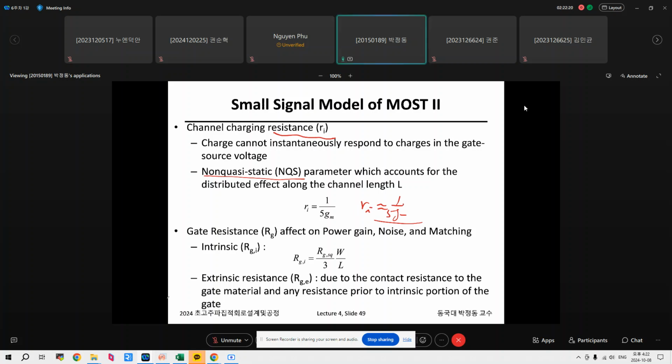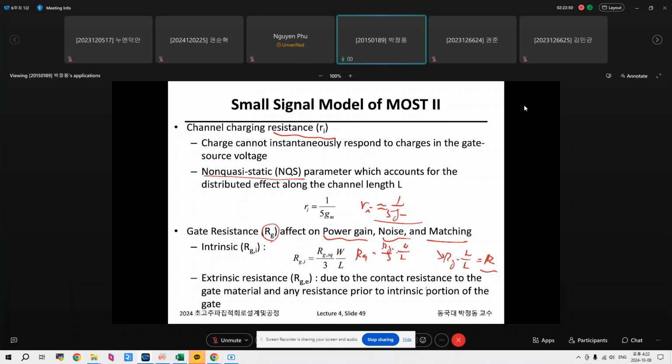And also the gate resistor. The gate resistor affects power gain, noise, and impedance matching. The intrinsic gate resistor RG is Rsq divided by 3 multiplied by W over L. Rsq W over L is the resistor value once the resistivity is given, right?